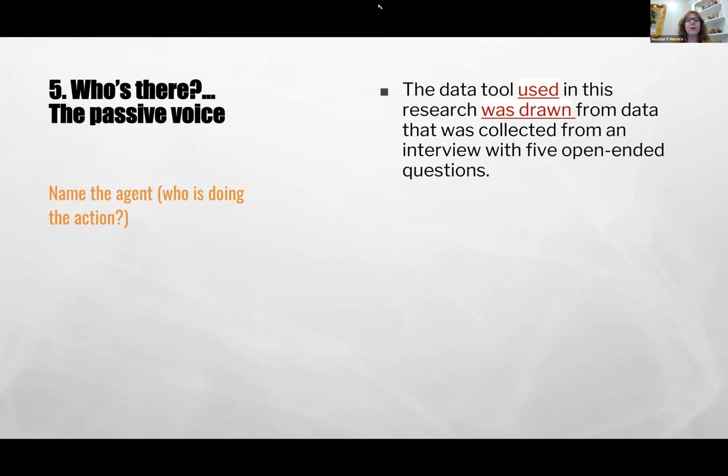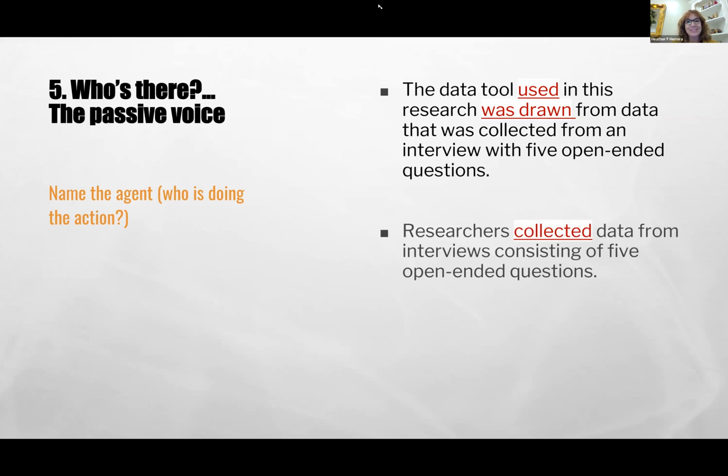And so if I've explained to you, go through your work and look for where there's passive voice. And how do you know that? Whenever you're using the past tense, often it can be, if you didn't say who did what. So the data tool used in this research was drawn from data that was collected. I don't know, this is all disembodied action. So how do we revise it?